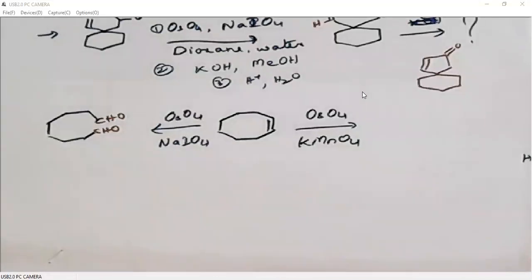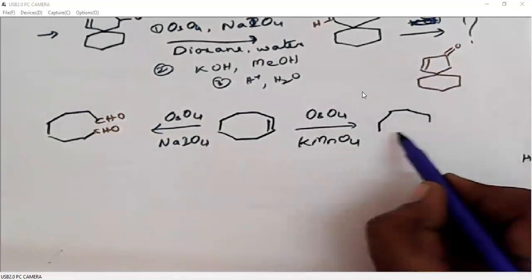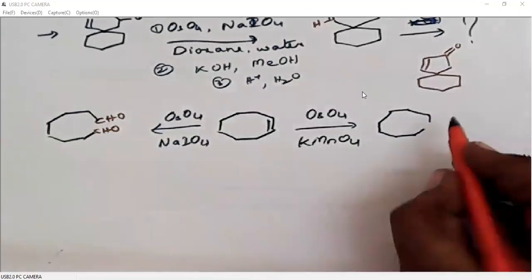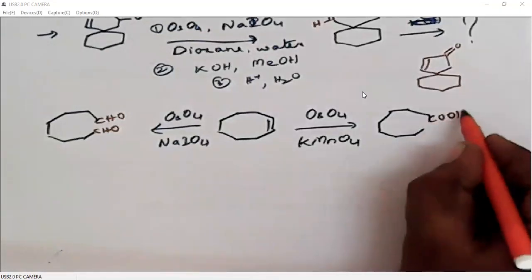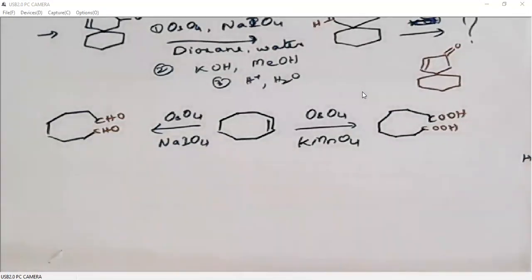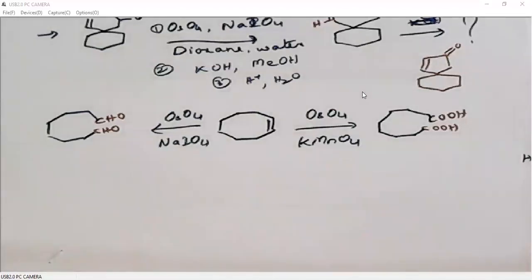But in the case of KMnO4, it is a strong oxidizing agent, so the oxidation with KMnO4 will not stop at the aldehyde stage. It will be completely oxidized to carboxylic acid. If it is a primary alcohol, it will be completely oxidized to carboxylic acid.